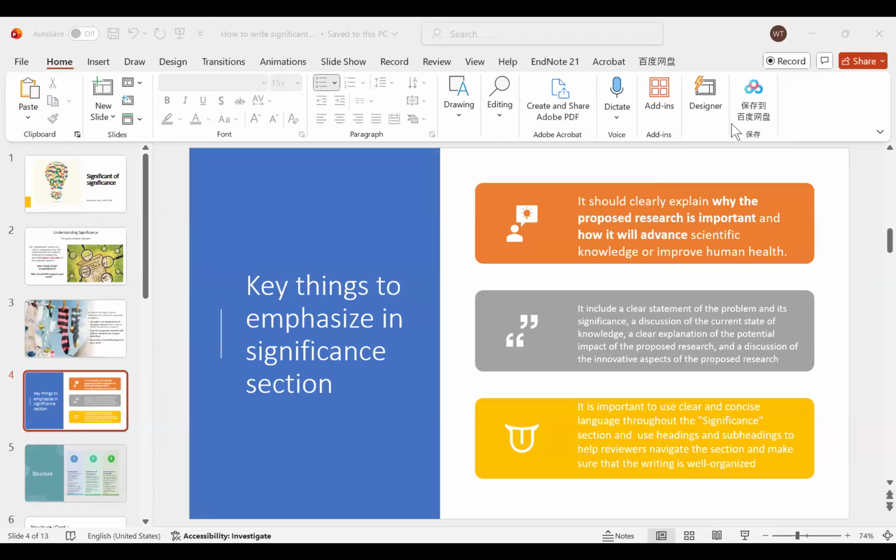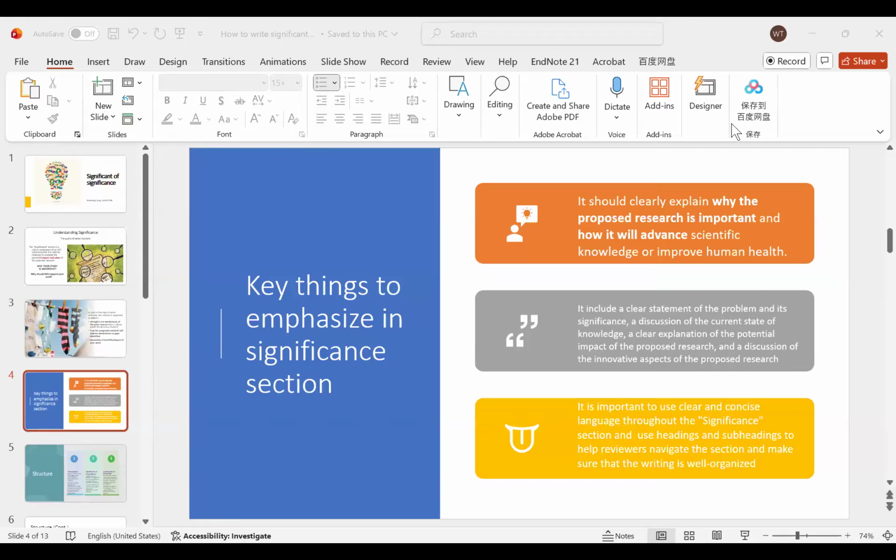Also, it would be very helpful to have senior people who have experience in writing NIH grants review your proposal, because this is like a mock review. They'll find problems and give you feedback.